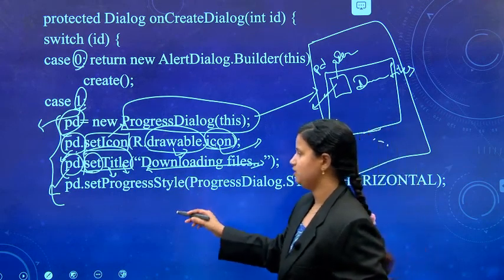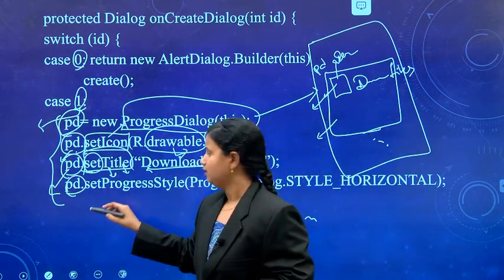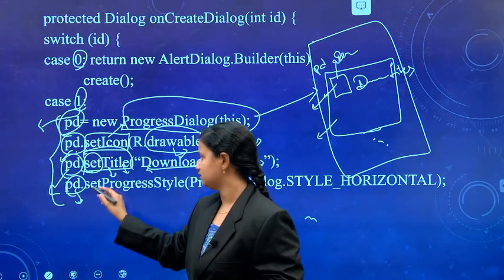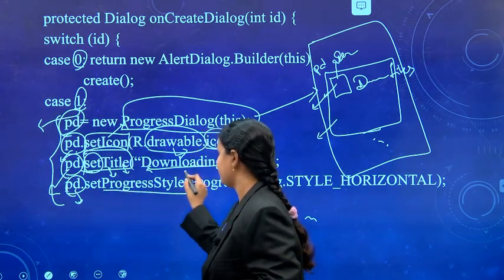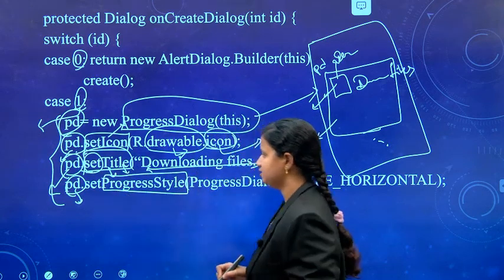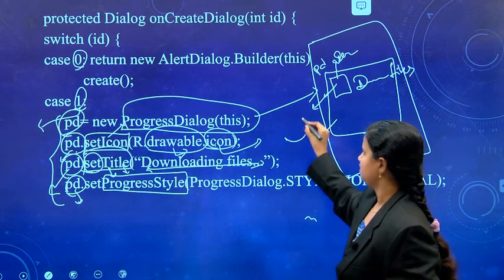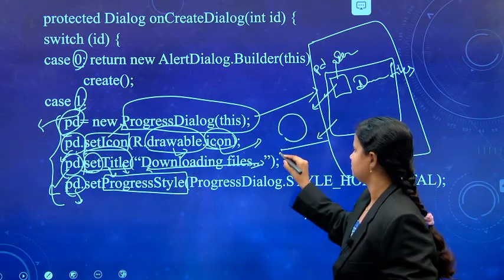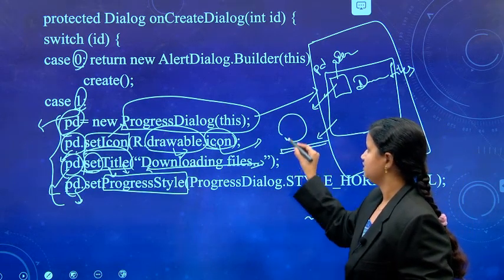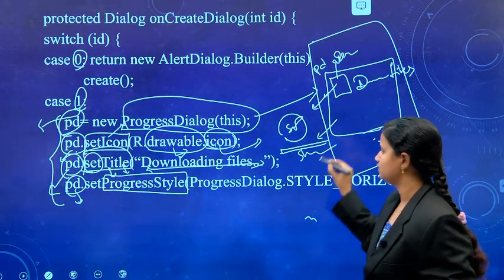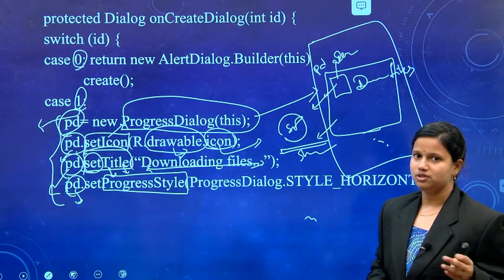And next we have to set another property for the progress dialog, which is the progress style. So what is the progress style? When you observe, this is one of the progress styles, this is a spinner. This is a horizontal style, dot horizontal.